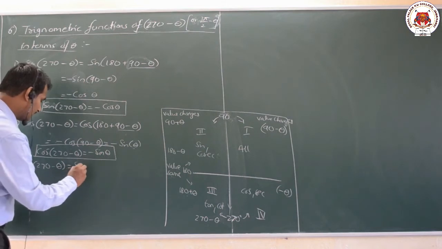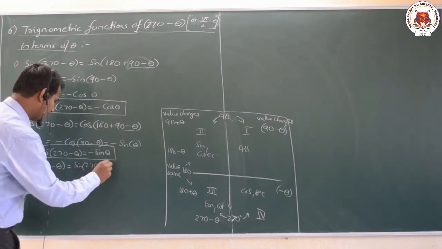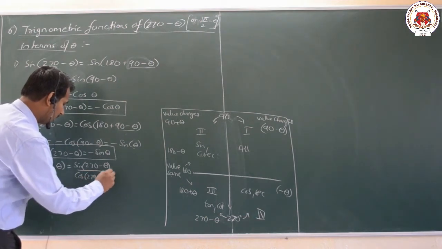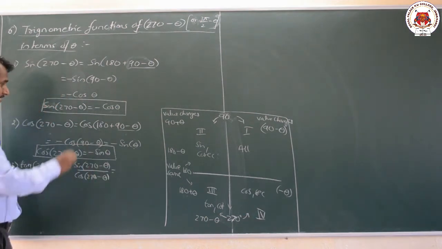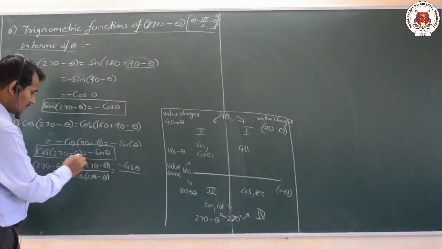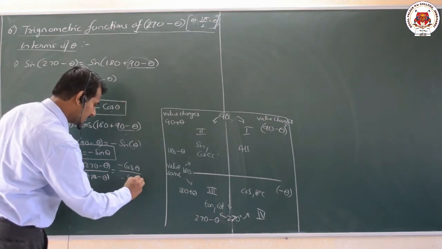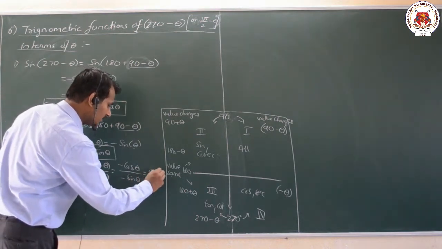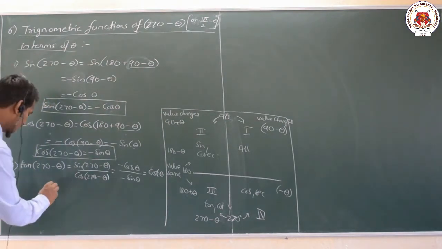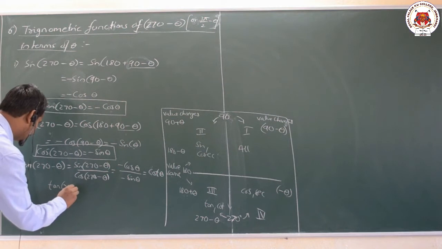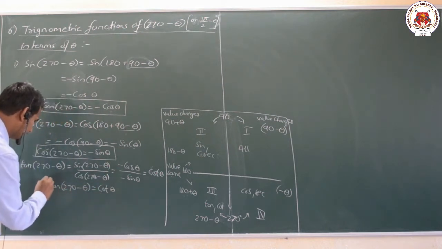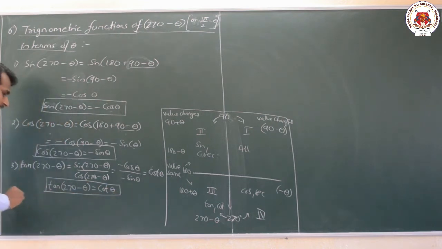So minus cos theta divided by minus sin theta, the value will be cot theta. So ultimately tan of 270 minus theta is cot theta.